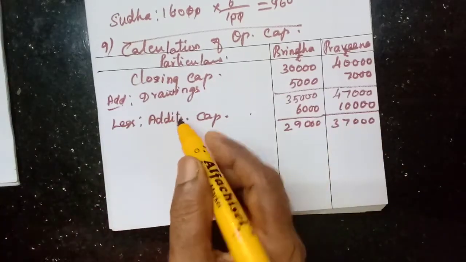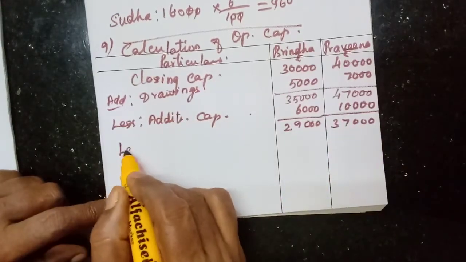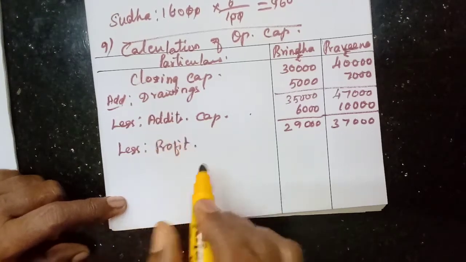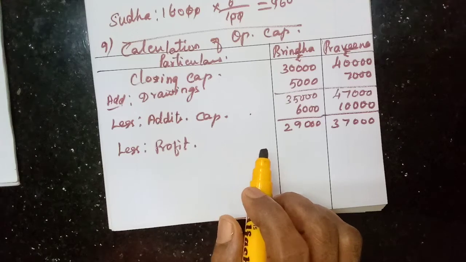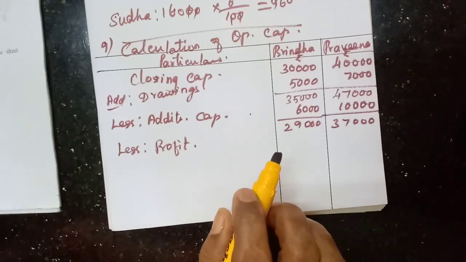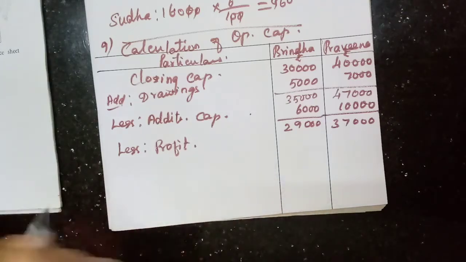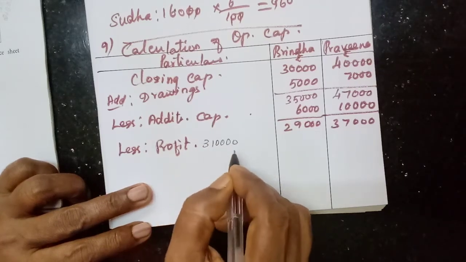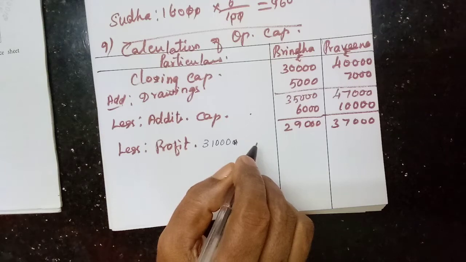Now, less profit. Here, the profit earned during the year, you have to be very careful. Profit earned 31,000. Sorry, 31,000, isn't it?